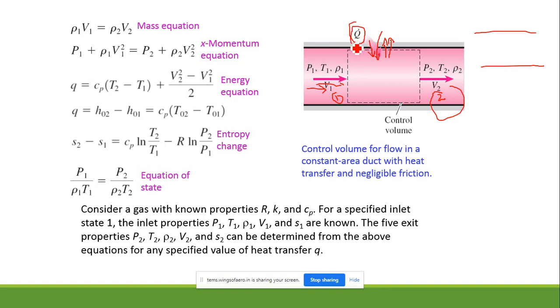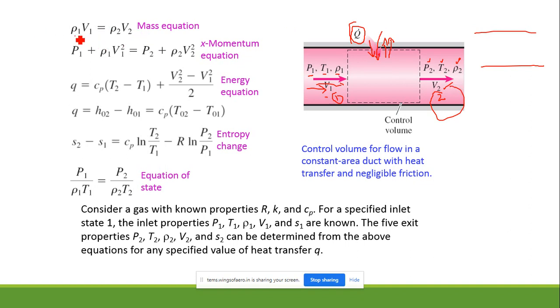The heat added or rejected we denote as Q. In region 1 the thermodynamic properties are pressure P1, temperature T1, density rho1, and velocity V1. In the same way, in region 2, after the flow passes the control volume, the pressure is P2, temperature T2, density rho2, and velocity V2. Since it is a constant area duct, the mass flow equations will come.